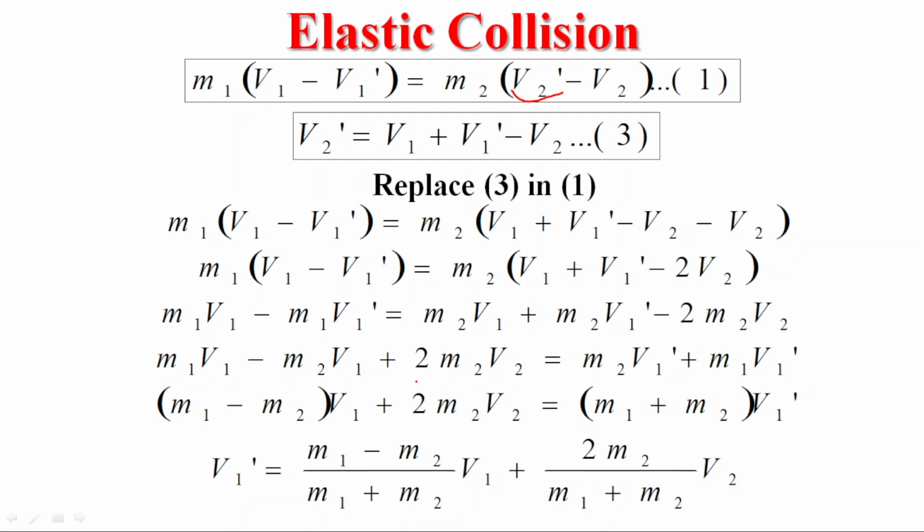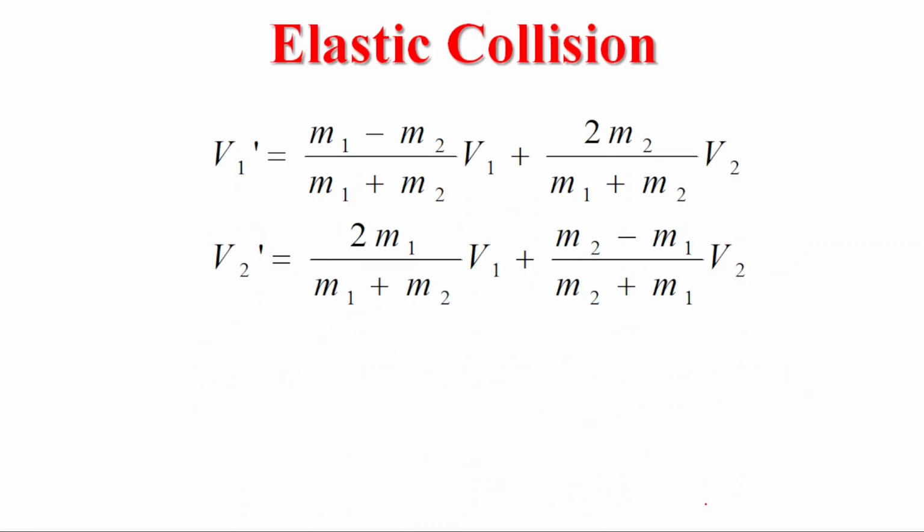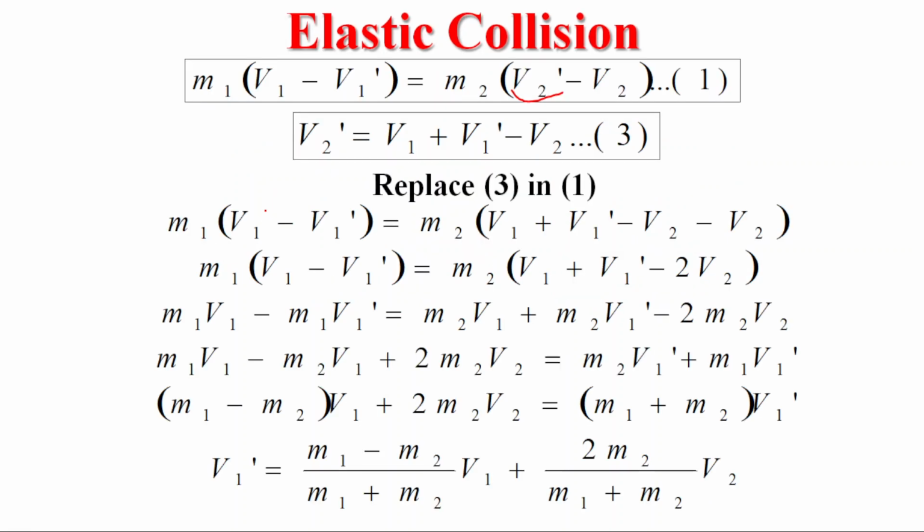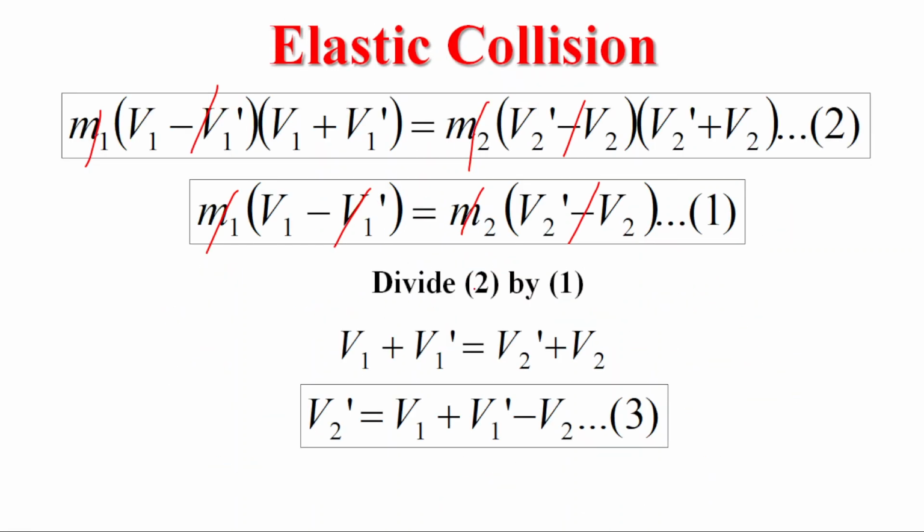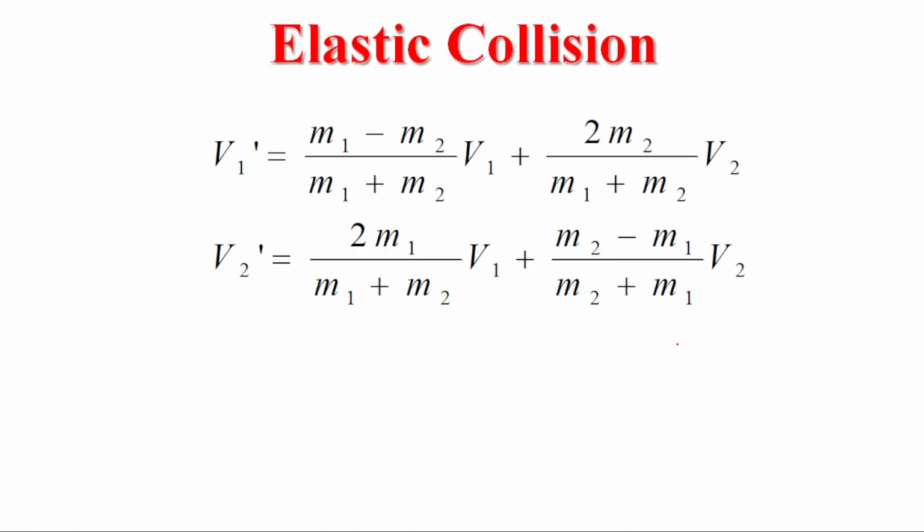You work through the math. In the end, v1 prime equals m1 minus m2 over m1 plus m2 times v1 plus 2 m2 over m1 plus m2 times v2. The final results for v2 prime come out similarly. Also, from dividing equation 2 by 1, we get v1 prime equals v2 prime plus v2 minus v1, and we solve for v1 prime and v2 prime.